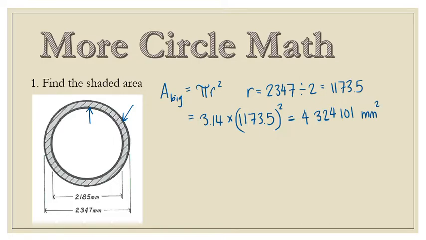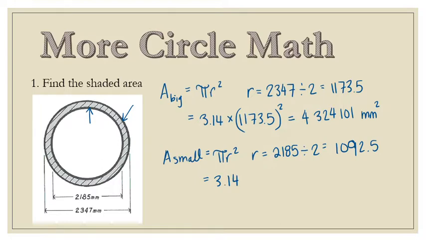For our inner circle, the area of the small one, same formula, pi r squared, where this time the radius will be the diameter of the inner circle, 2185 divided by 2, which is 1092.5 millimeters. Okay, so our math process is exactly the same.